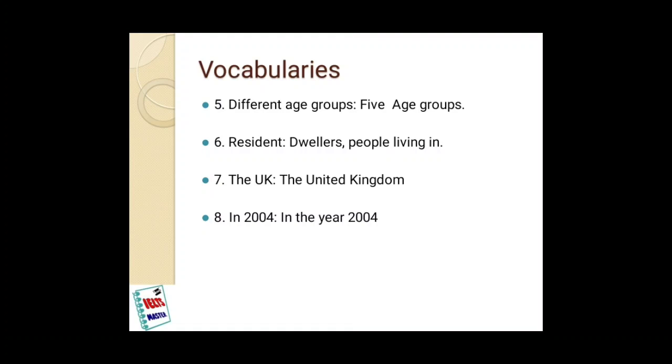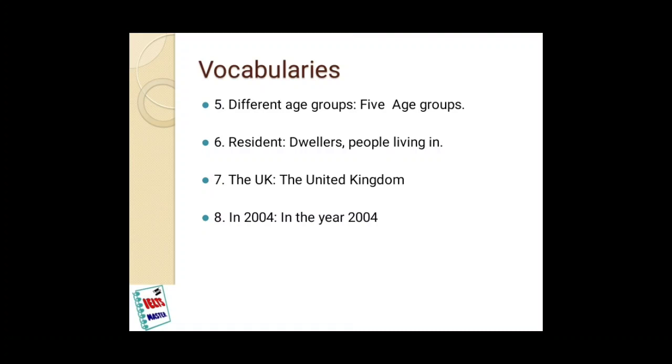Just see how many age groups are given. I can see 5 different age groups. We can say 5 age groups, or, just like the previous 3 categories vocabulary, we can mention the different age groups like below 30, 31 to 45, 46 to 60, 61 to 75, and above 76.